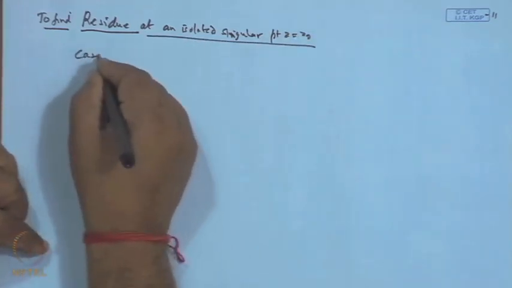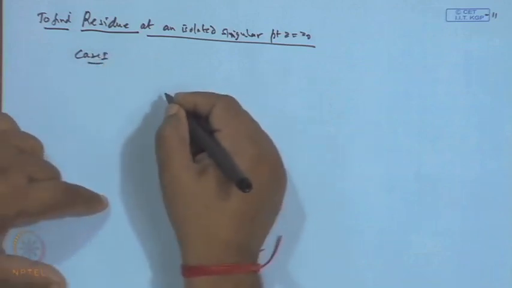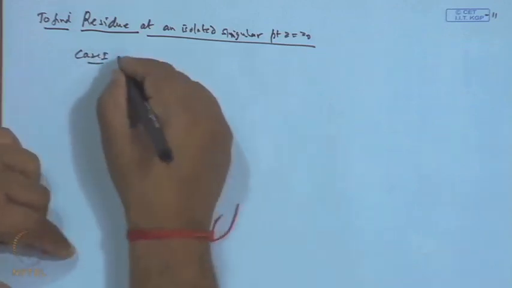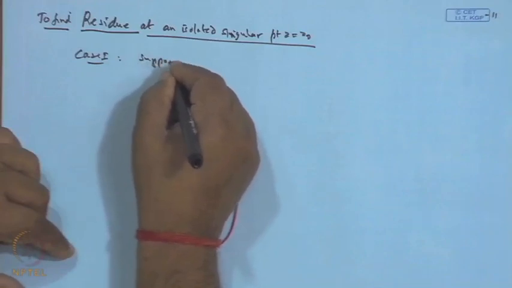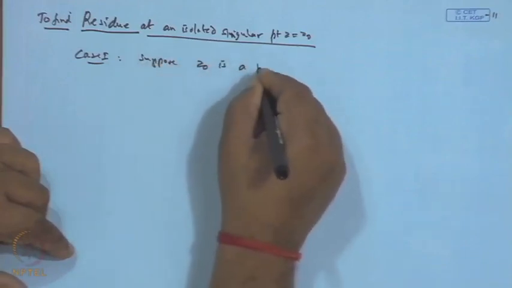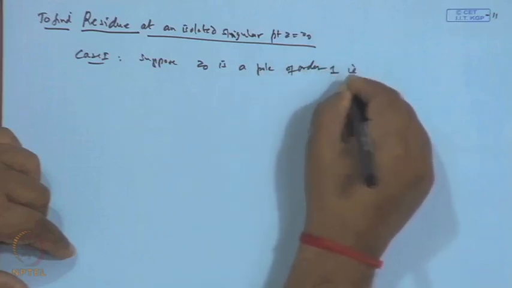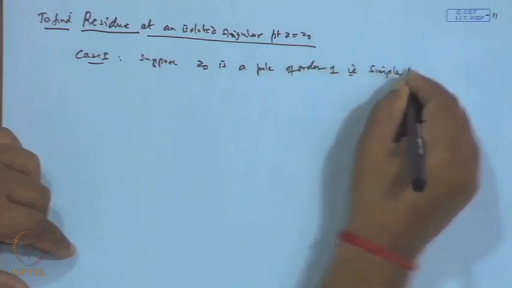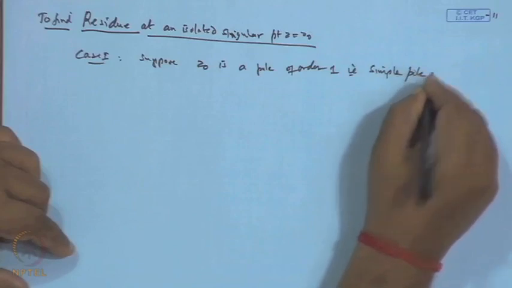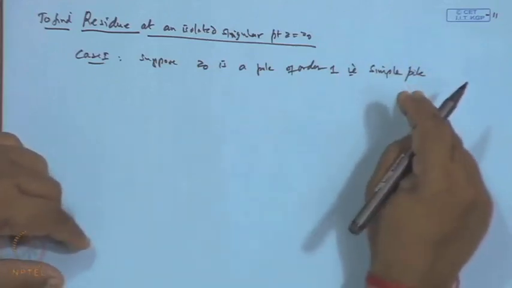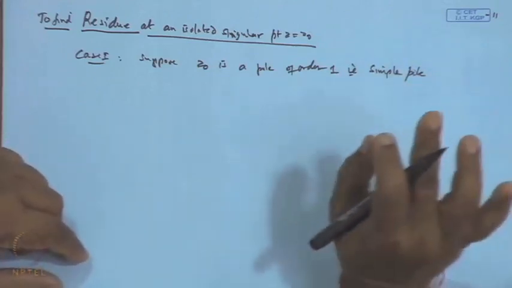Case 1, suppose z naught is a pole of order 1. Pole of order 1 means that it is a simple pole. Simple pole means the function value f of z naught is infinite.